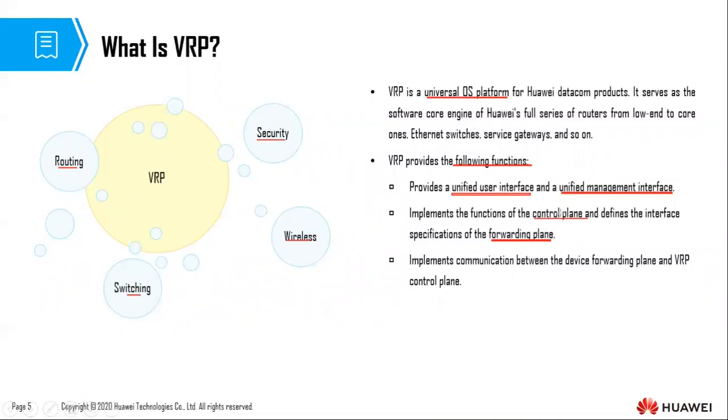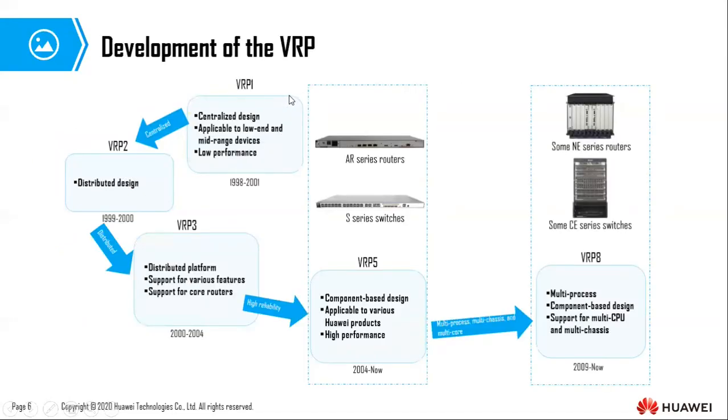In summary, the control plane is used to learn, for example, routes and configurations of protocols, while the forwarding plane is used to forward the data. It also implements the communication between the device forwarding plane and the control plane. So they have to talk to each other. Those are the functions of this network operating system called the Versatile Routing Platform.